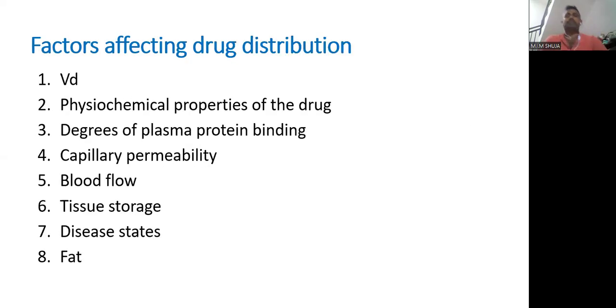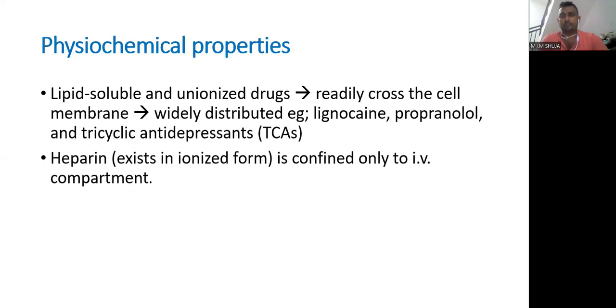Okay. So what are the factors affecting volume of distribution? Physicochemical properties, degree of plasma protein binding capacity, capillary permeability, blood flow, tissue storage, disease of the tissues and fat. When there is a lipid soluble and unionized drug, they easily cross the cell membrane.